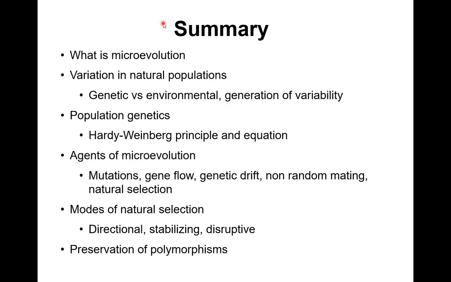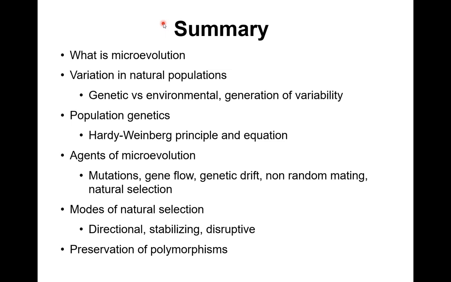So in summary, finishing up both part 1 and part 2, what did we talk about in this lecture? Well, first of all, we defined what microevolution is. We talked about how microevolution is nothing else than change in the frequency of different alleles within a population. Then we talked about the variations found in natural populations.